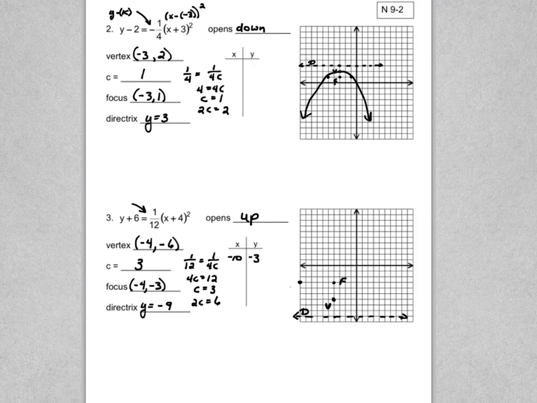And then 1, 2, 3, 4, 5, 6 spaces here, which is going to be (2, -3). The reason we know those spacings is that's 2c in both cases. 2 times 3 is 6 spaces away from the focus for those points that are going to be on the parabola. And we draw in the parabola using those 3 points.